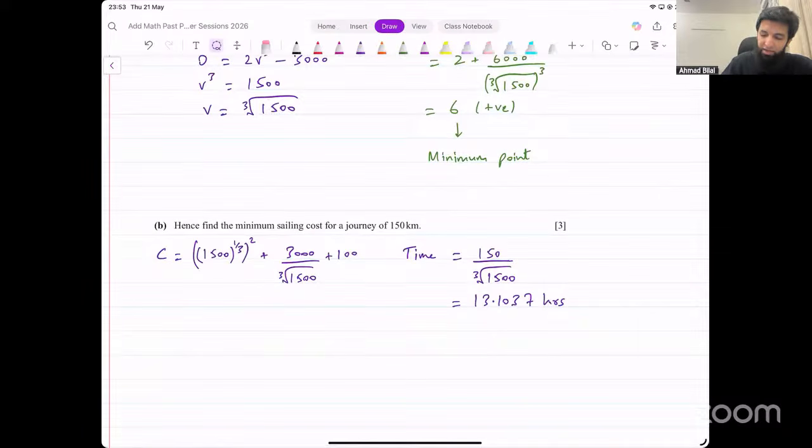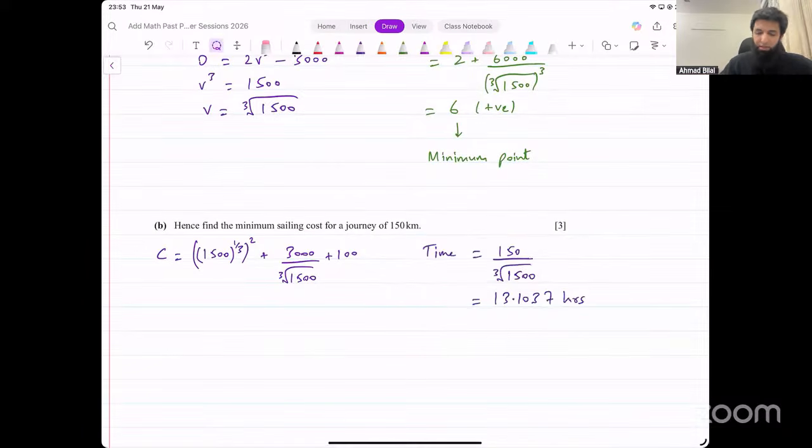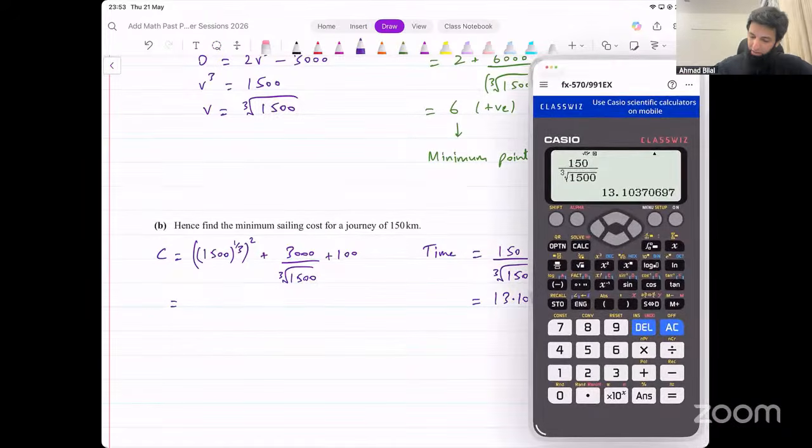This will give us the sailing cost per hour. Okay? Let's see what this turns out to be. Put this on your calculator, the whole thing.